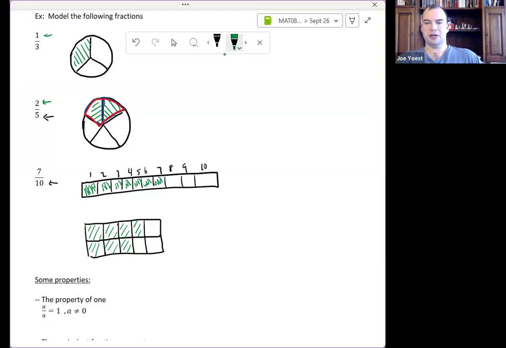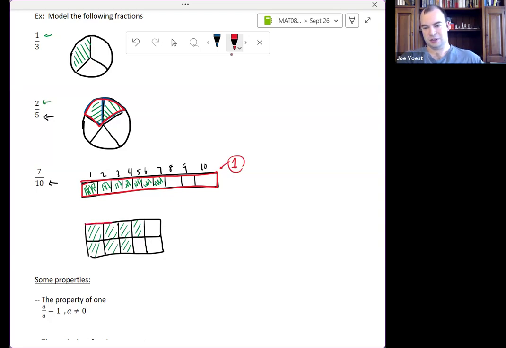But if I were to draw a bar like this, when I think of the entire bar, I'm thinking of this as representing one unit. So 7/10, I take that 1 unit, I split it into 10 subunits and select 7 of them.